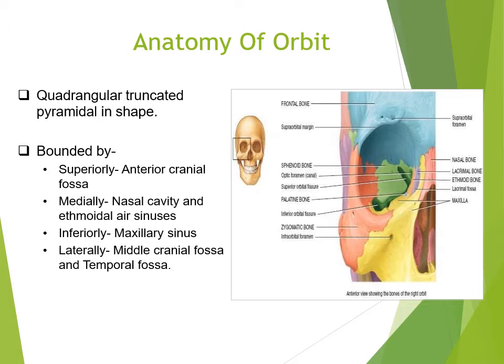When you look into the picture, it is superiorly related to the cranial fossa. Medially, it is related to the nasal cavity and the ethmoidal sinuses. Inferiorly, it is related to the maxillary sinus. And laterally, it is related to the middle cranial and the temporal fossa.